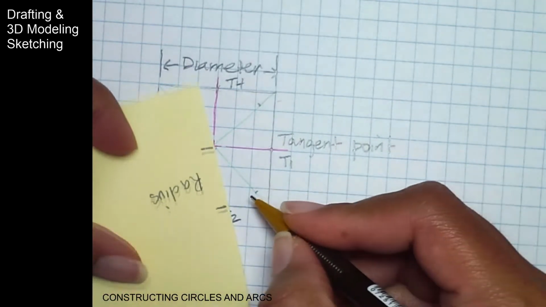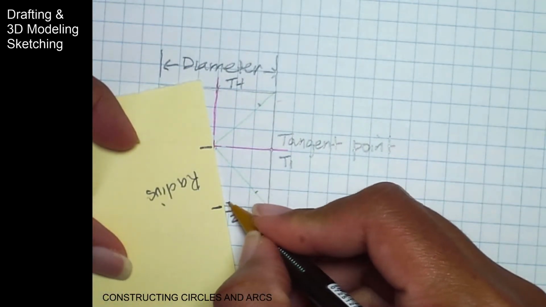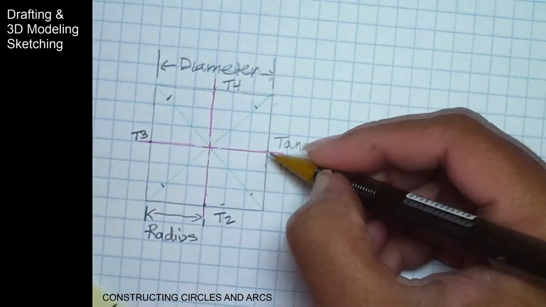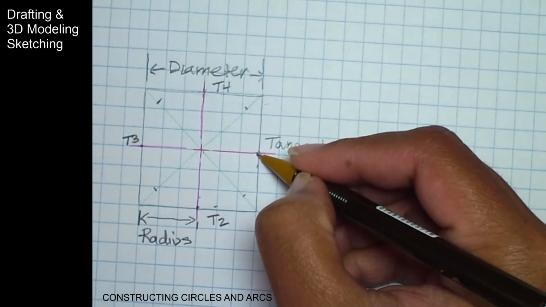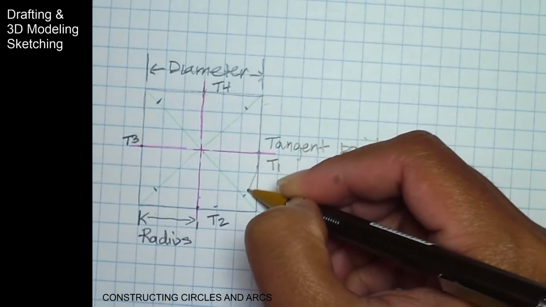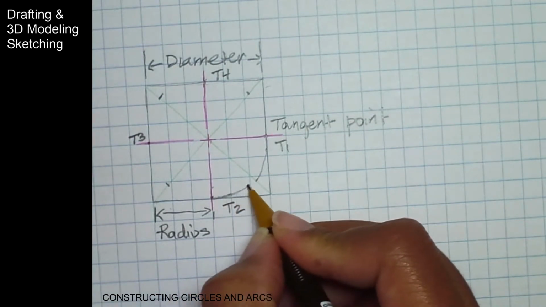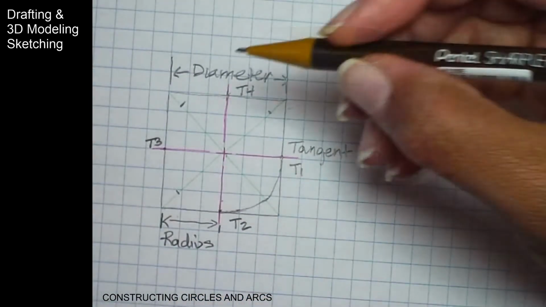We can add more if we like to give us a little more help, like that. And then we're going to go from tangent 1, I'm going to make short lines. So I'm using construction lines still to create my arcs.